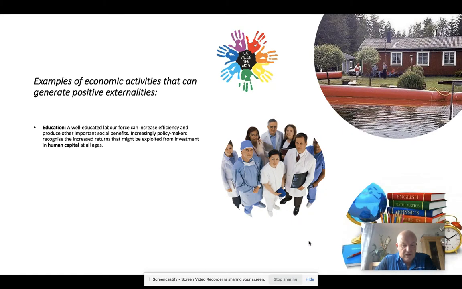Certainly policymakers and governments are appreciating that we get an increase in returns that can be exploited if we actually improve the human capital that we have at our disposal as an economy.